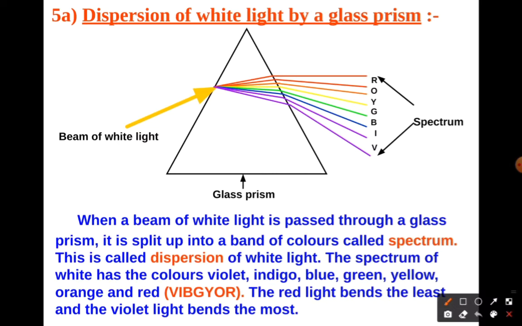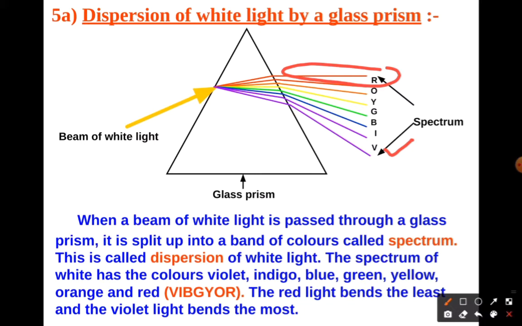Each color has its own characteristic wavelength. For example, you can see here that red has the longest wavelength and violet has the shortest wavelength. Although the speed of light in a vacuum is the same for all wavelengths, the speed of light decreases in a transparent medium, because light of different colors, that means different wavelengths, travels with different speeds in different mediums.